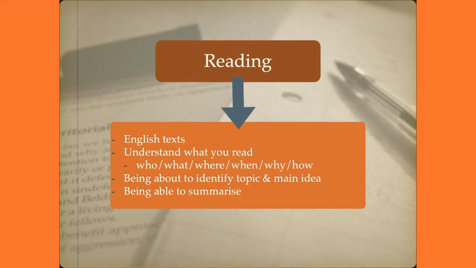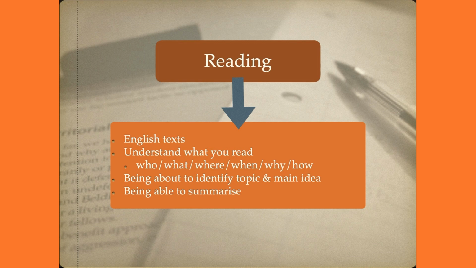For reading comprehension, you will read different kinds of texts, for example news or academic articles or any other general articles. When you read, you need to understand what you read.